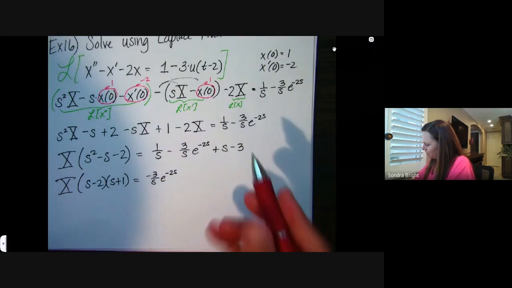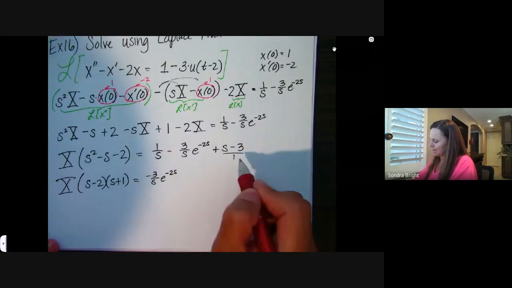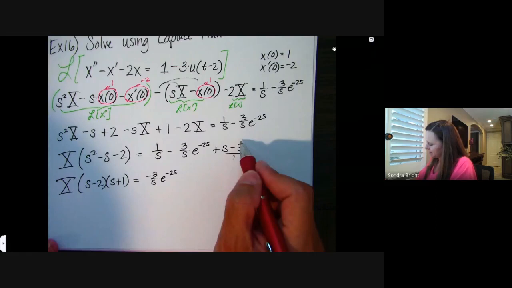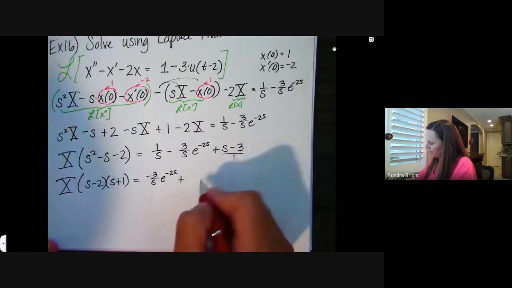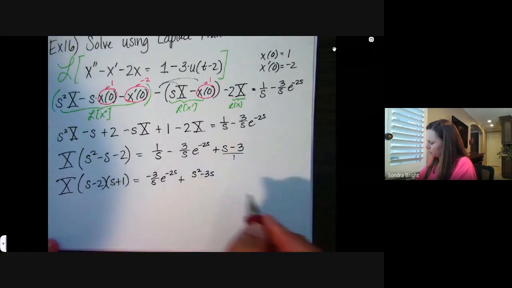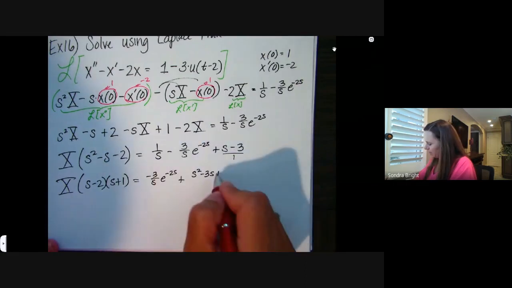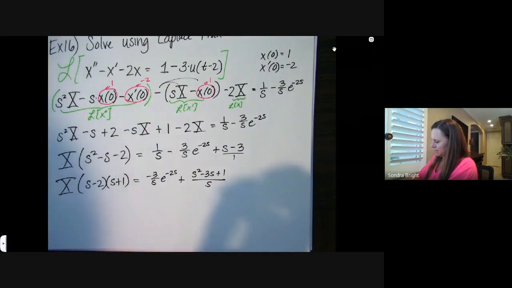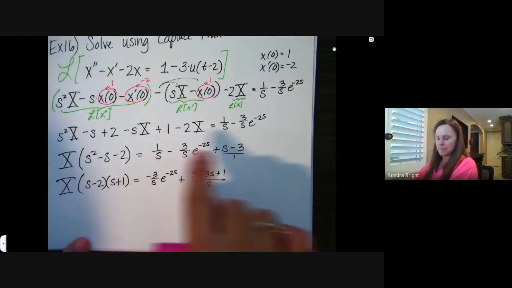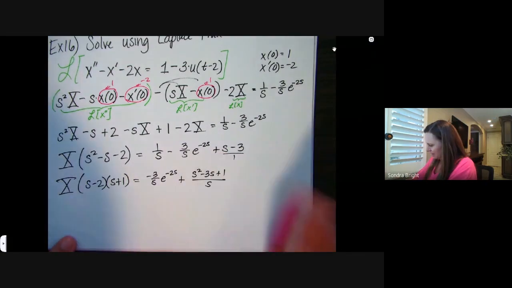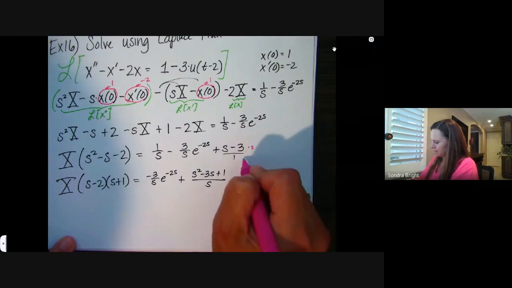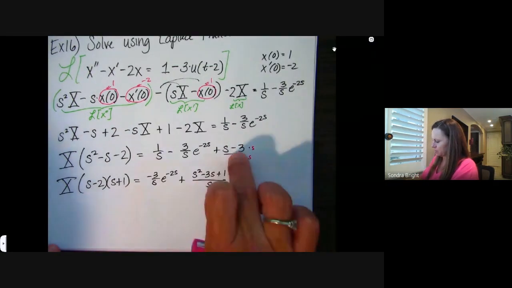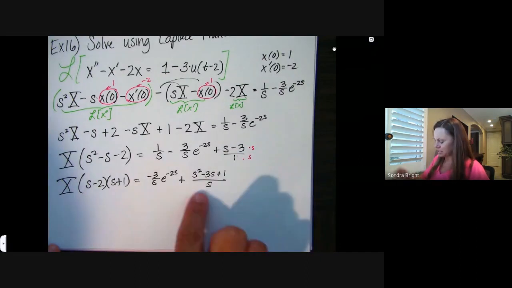So it's like over 1, so I would need to multiply by s over s. So this would be s squared minus 3s plus 1 all over s. I took the 1 over s and added it to the s minus 3. In order to do that, I needed to go times s to get this guy. So 1 over s plus s minus 3 adds up to this fraction there.